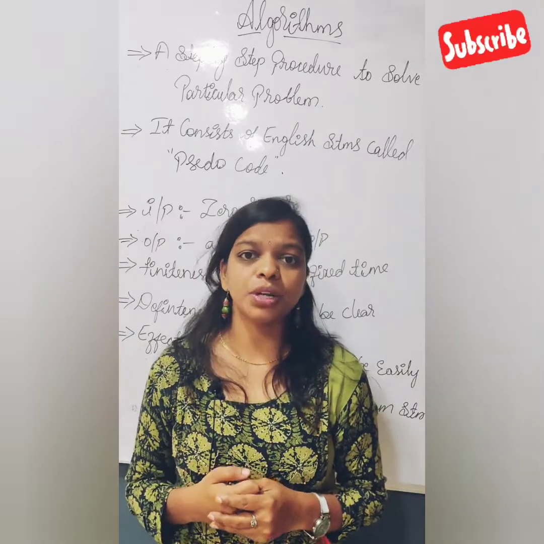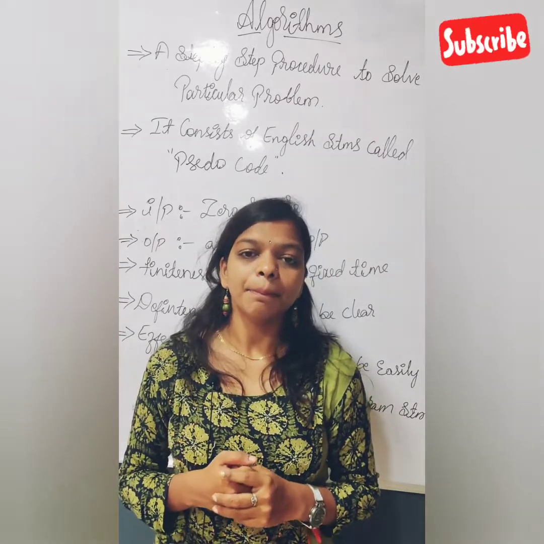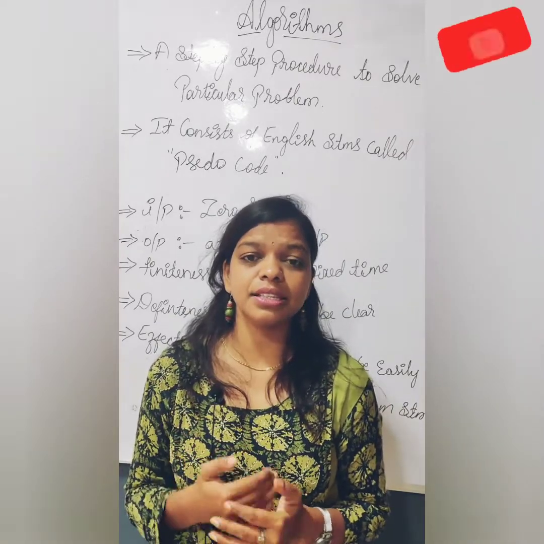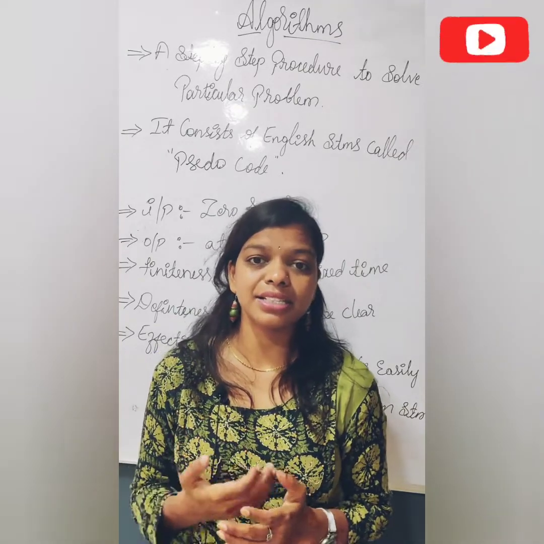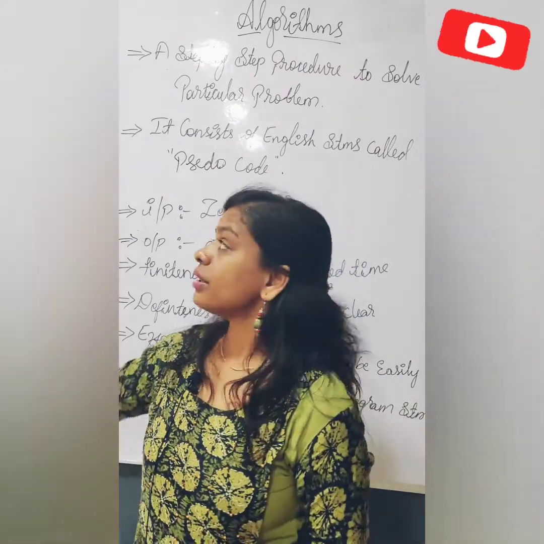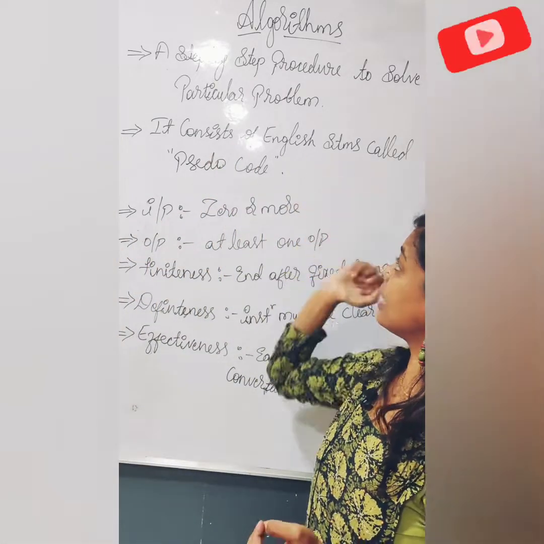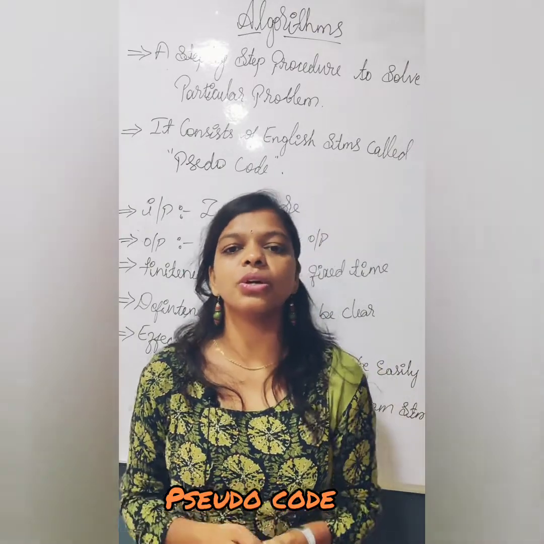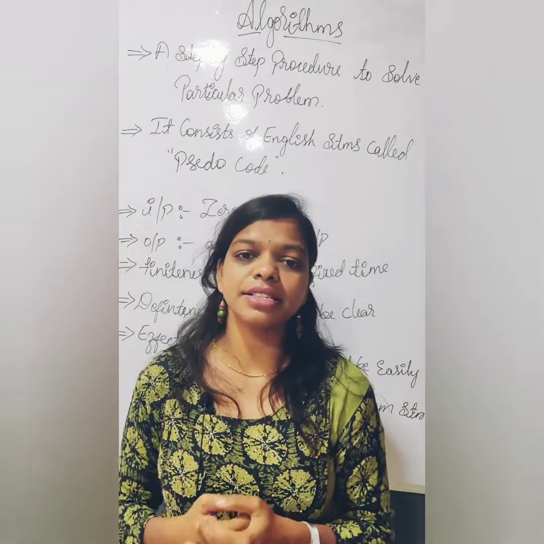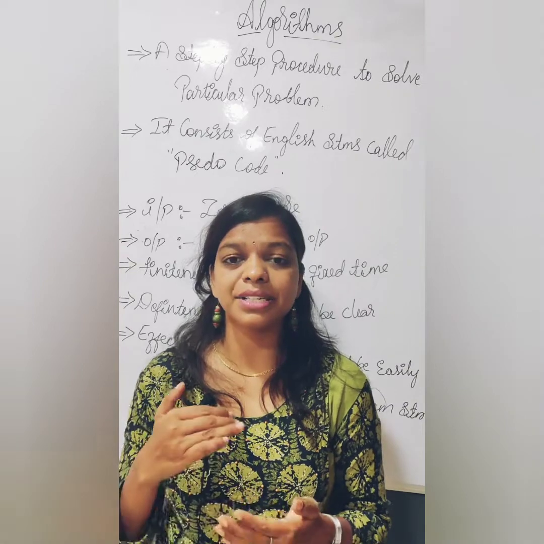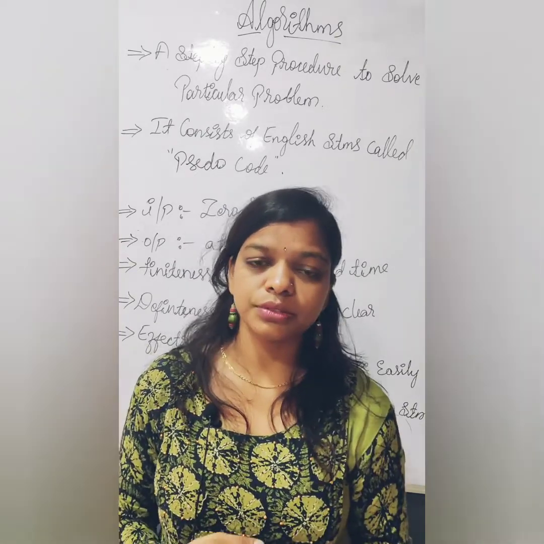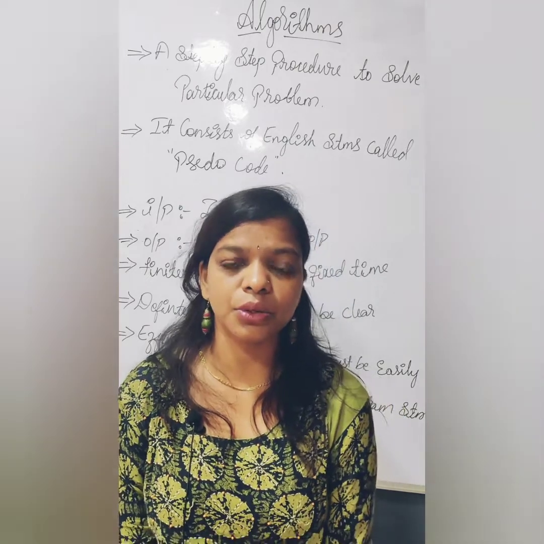To understand the programs is a little bit difficult, but to understand the algorithm is very easy. As soon as we see the steps of the algorithm, we can understand it very easily. It consists of English-like statements which are called pseudocodes. Pseudocodes are nothing but writing every step in English. That is called the algorithm.